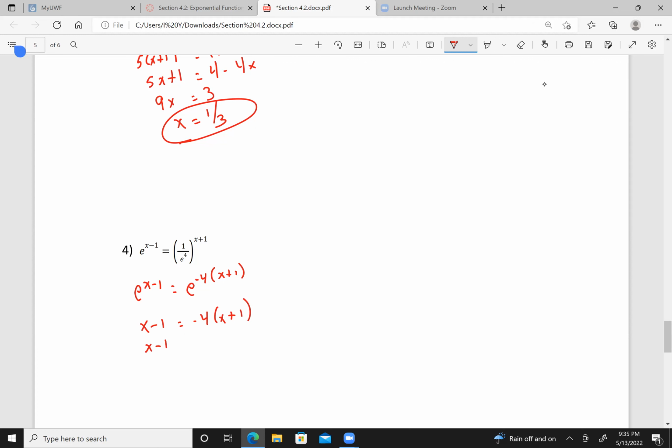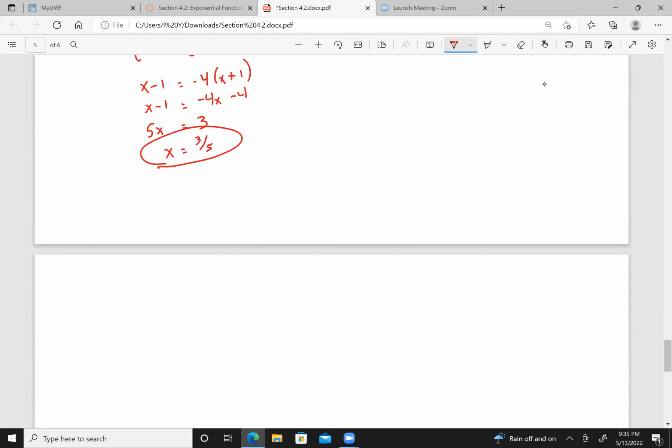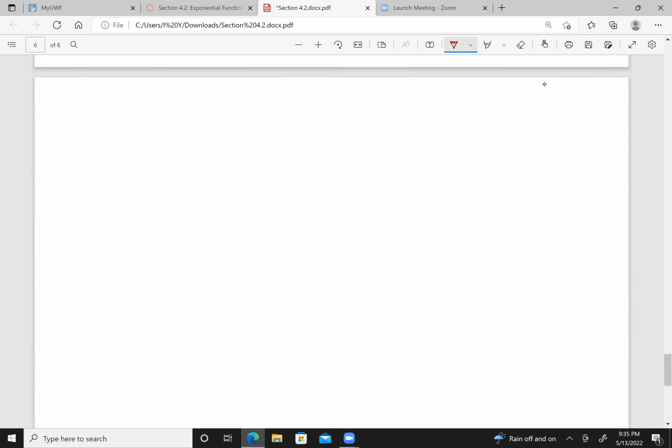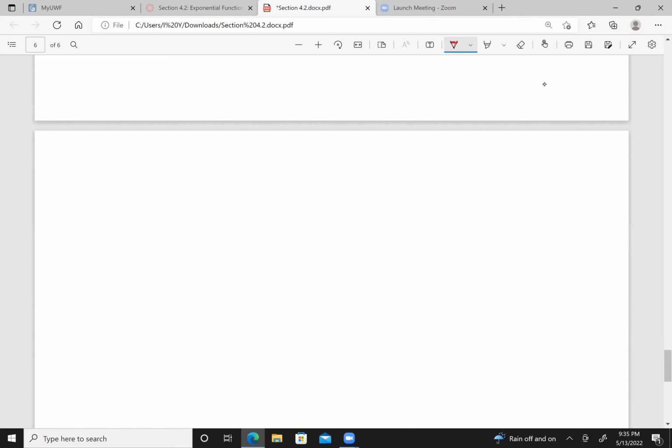So x minus 1 is equal to negative 4x minus 4. Add 4x to both sides, I get 5x. Add 1 to both sides, equals 3. So x equals 3/5. And I believe that is it.